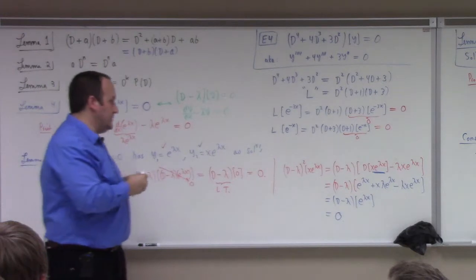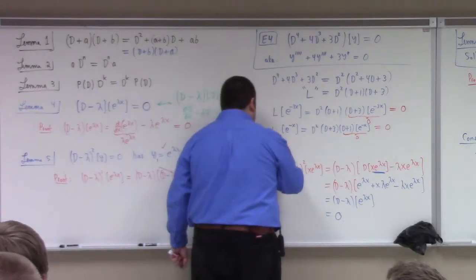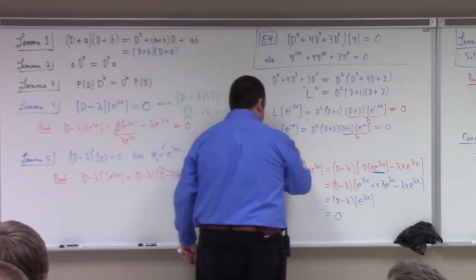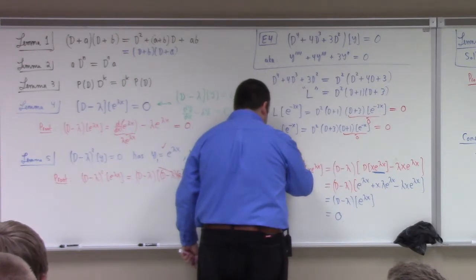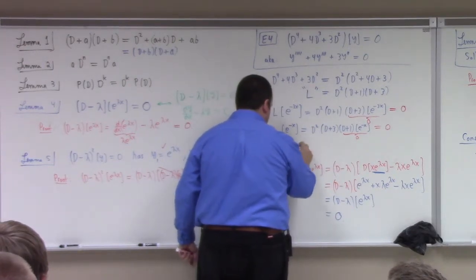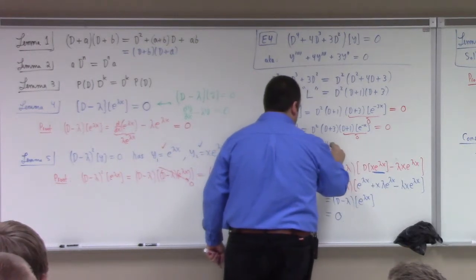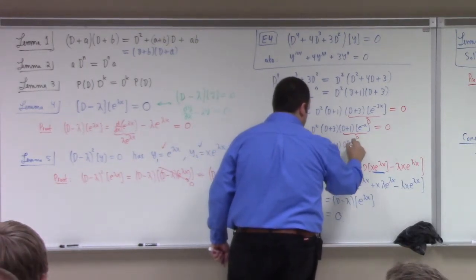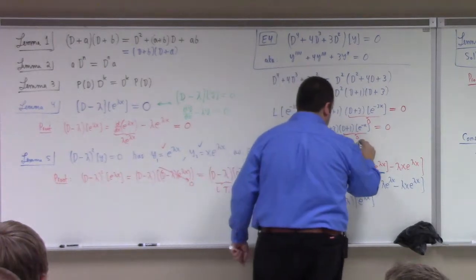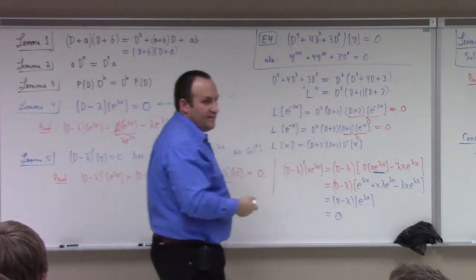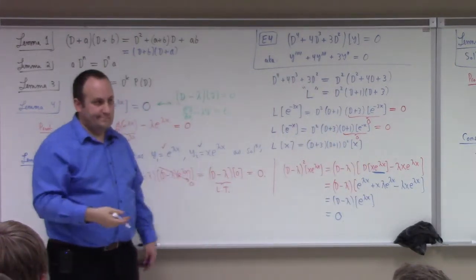By the same token, I can put the D squared last, and I can let this act on x, or 1. I'll do x. So that's (D plus 3) times (D plus 1) times D squared, let that act on x. What's the second derivative of x? 0.